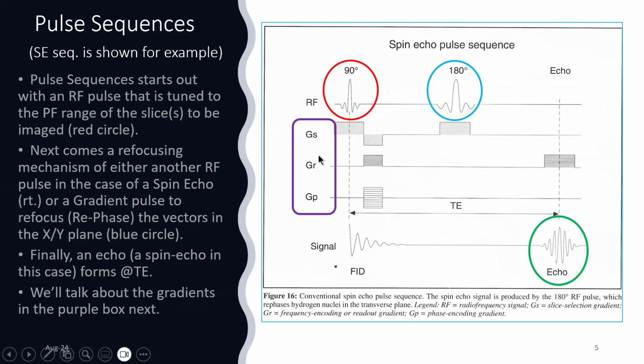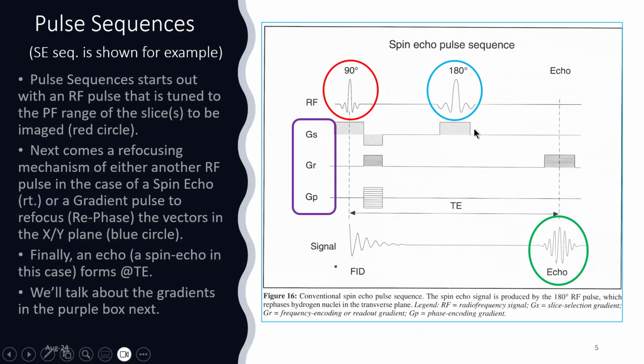We have gradient pulses here, gradient slice, gradient read, aka gradient frequency, and then GP for gradient phase. Notice that these guys are timed with some RF, and they're timed with the echo. These lumps or these domes above the line mean it's a positive polarity gradient. Below, it's a negative.